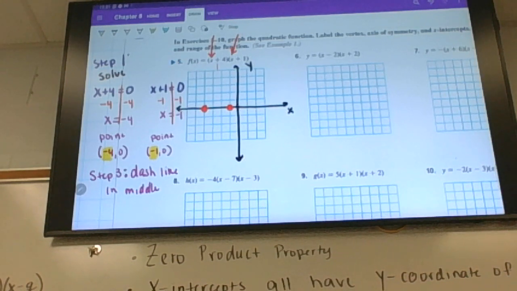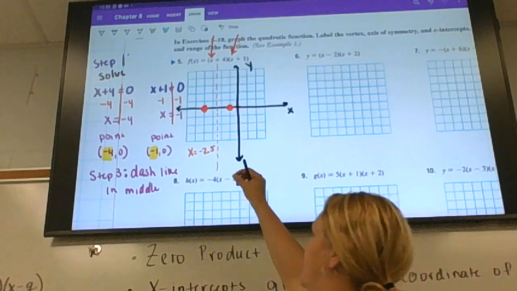Yeah. Good job. The middle is right there. Draw a nice dash line. That's pretty annoying that we couldn't have it right on the blue, right? It's in the middle. -2.5.